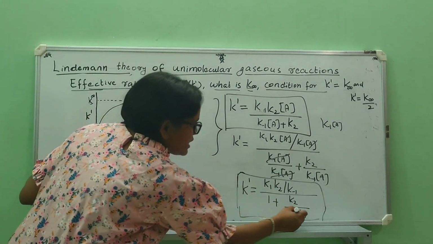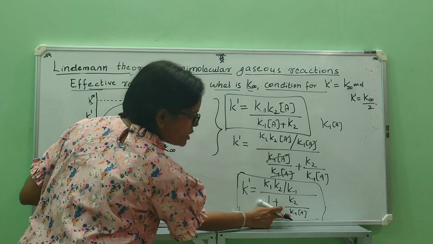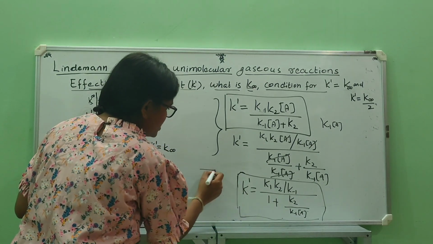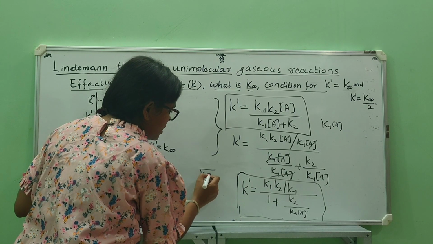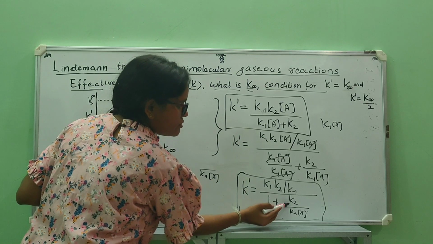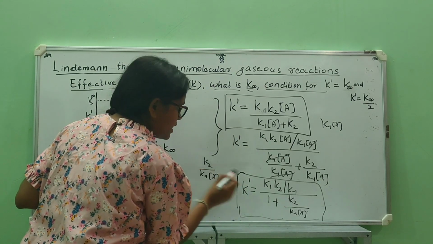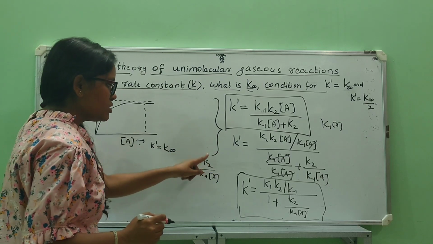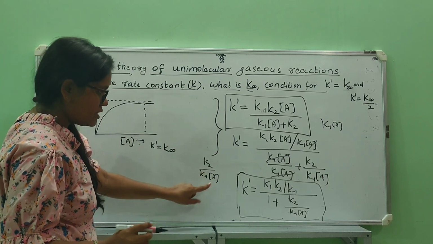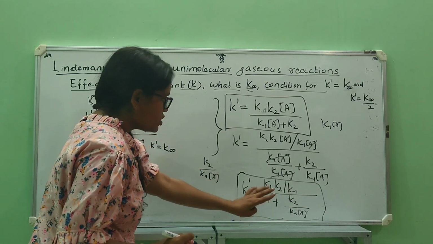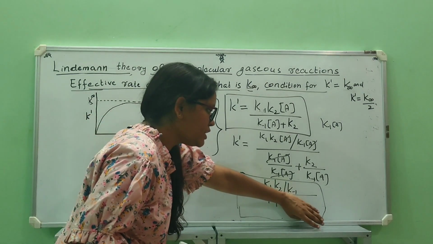We know that at high concentration, this denominator term, that is K minus 1 into A, is high. Then K2 by K minus 1 into A becomes small. When the denominator is very large, the entire term becomes small, right? So this term becomes very small when compared to 1, so it can be neglected.